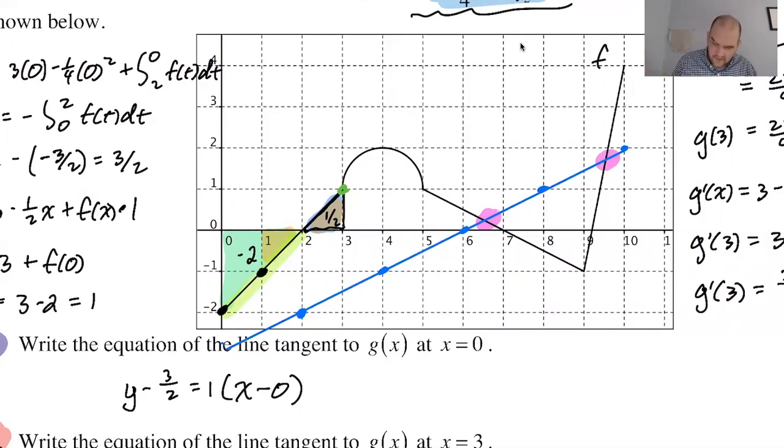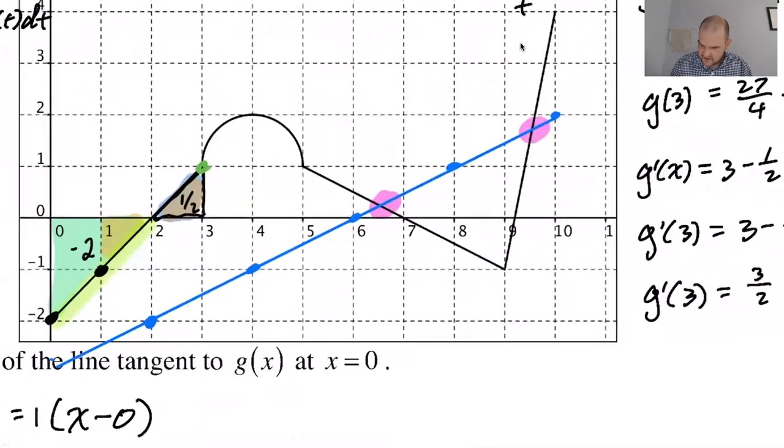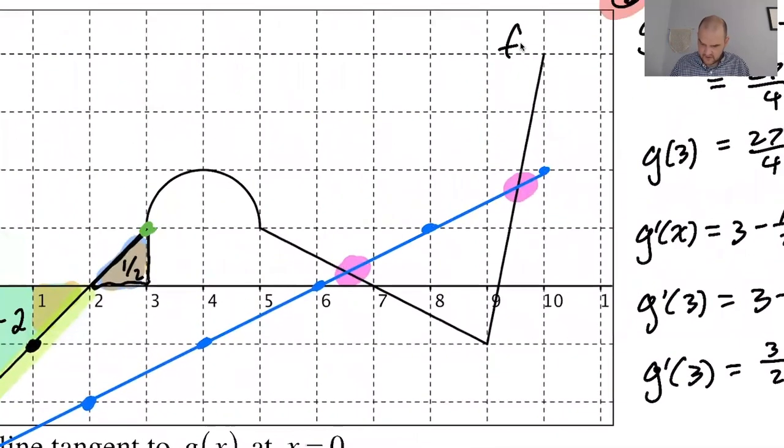So to do that, I will write the equations of the segments here. This part, this y value is 1, so I'm going to say 1. If I go down 1, I go over 2, so minus 1/2, and then x minus 5.